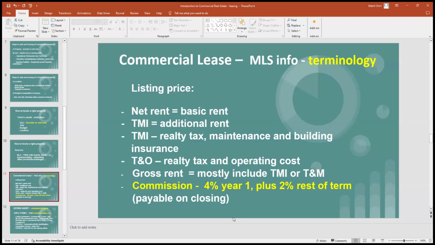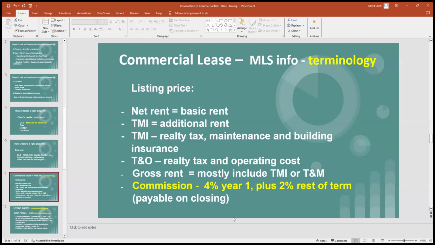Everybody knows we are realtors, right? We depend on commission. So in a listing, if you're a listing agent, you need to offer the commission payment package. What commission is paid? In residential, in most cases, we pay the co-op agent half a month's rent.